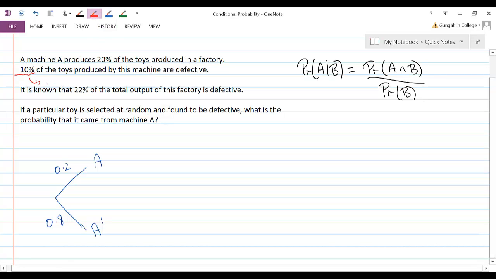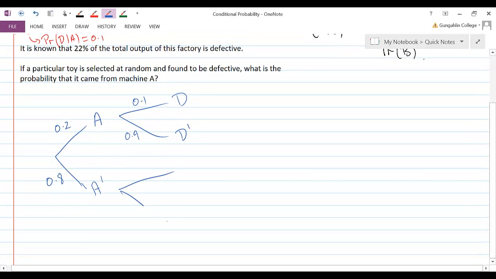So the probability of being defective given it was made by A is equal to 0.1. If we think about whether it's defective or not defective, 10% are defective, 90% aren't defective.